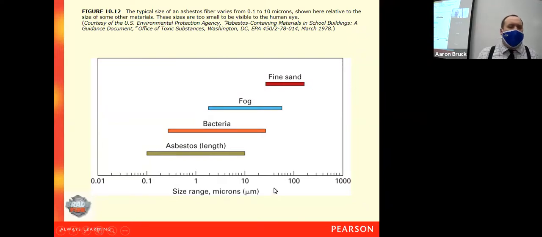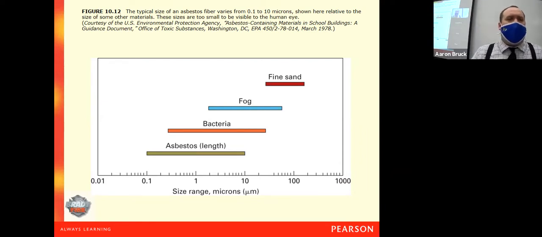So you can see that on the scale of microns, these friable fibers are roughly the same size as a bacteria would be. So we're talking about that kind of small. Not quite as small as your finer sands, but pretty small nonetheless.